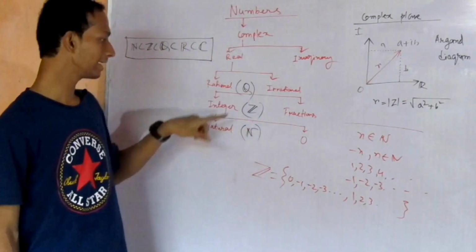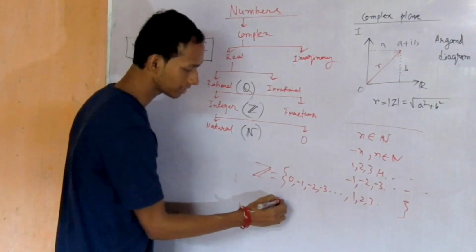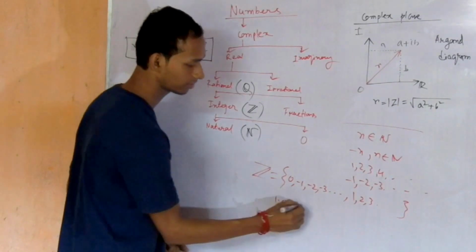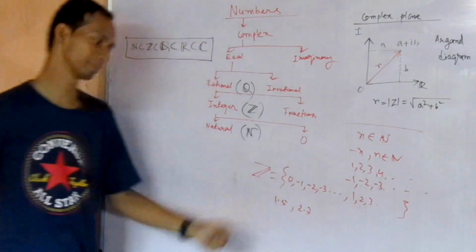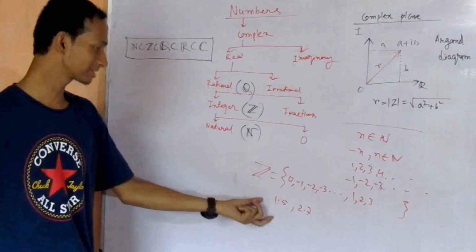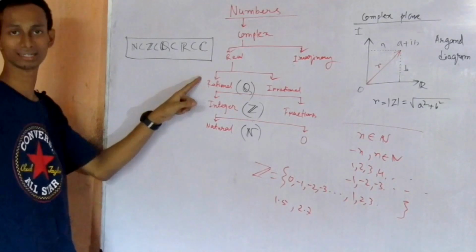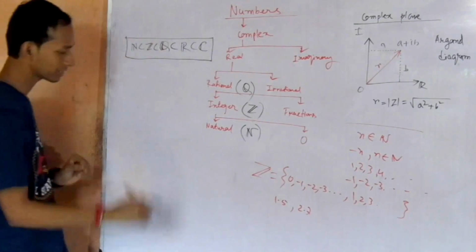And if we add the fractions with these integers, suppose 1.5, 2.7 and so many others, then we will get the rational numbers.